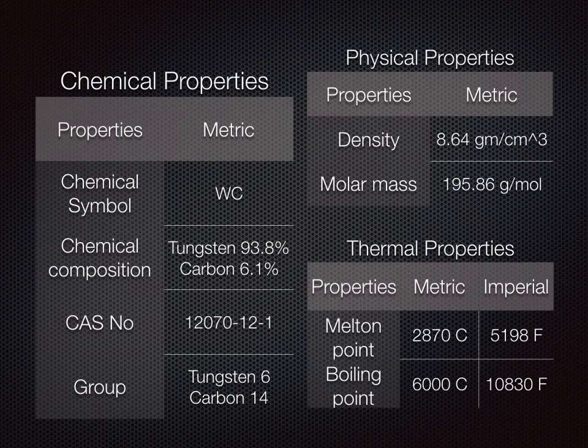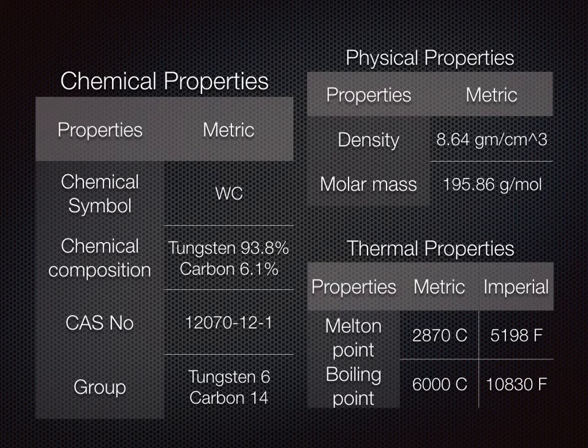Here are some chemical, physical, and thermal properties. The chemical symbol of tungsten carbide comes from combining tungsten, W, with carbon, C, so we get WC. Its chemical composition is about 94% tungsten and 6% carbon.